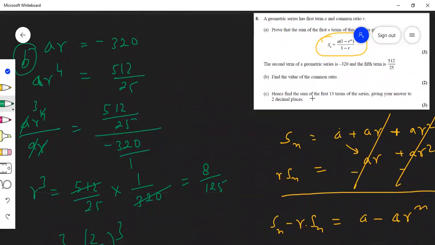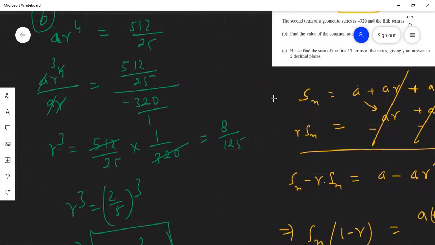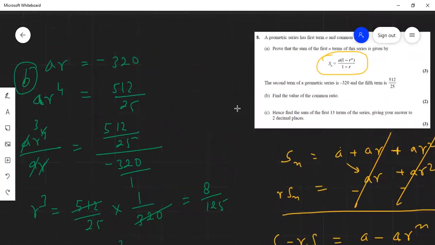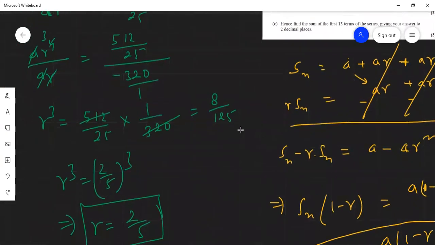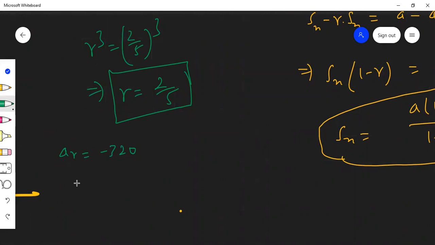Now, the sum of the first 13 terms of the series, giving the answer correct to 2 decimal places. Sum of 13 terms means you have to find S13. You have r, and you need a, the first term. We can find a also because ar is minus 320. So r is 2 by 5 and ar is minus 320.